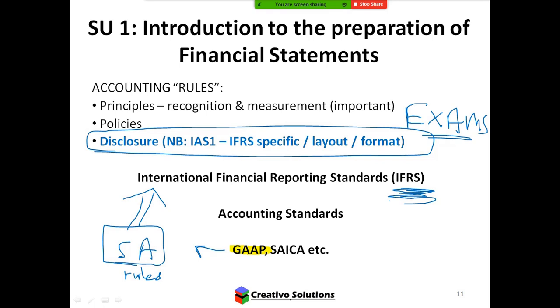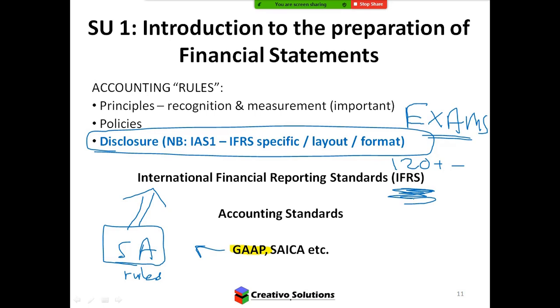Around 120 to 130 different countries, you'll have to Google this, use IFRS. That's why it's such a universal concept, and you can use it anywhere.